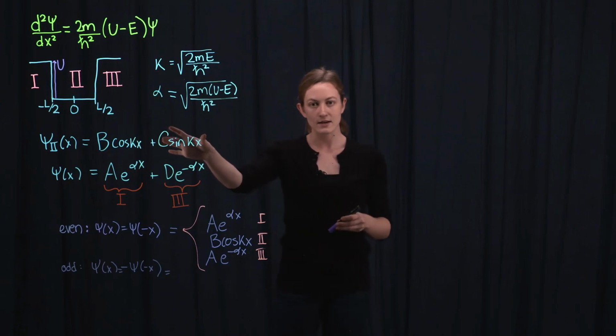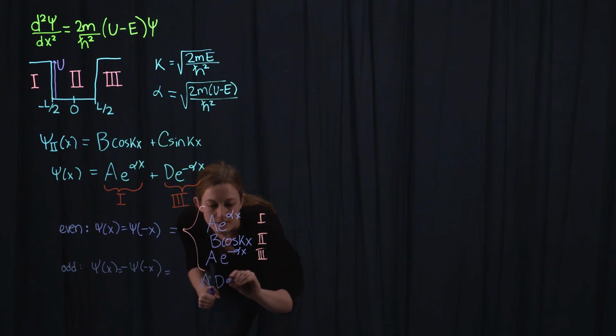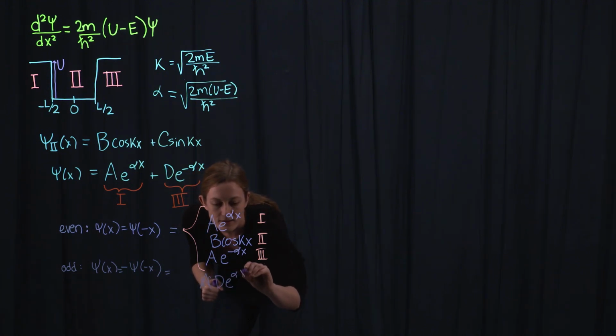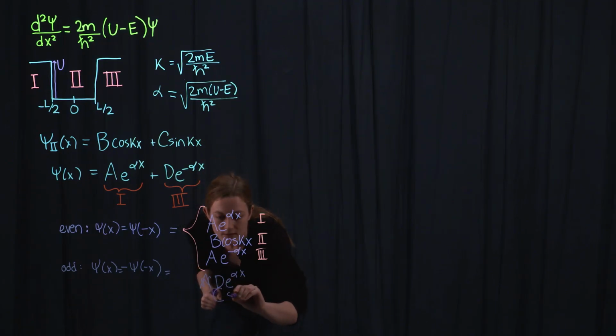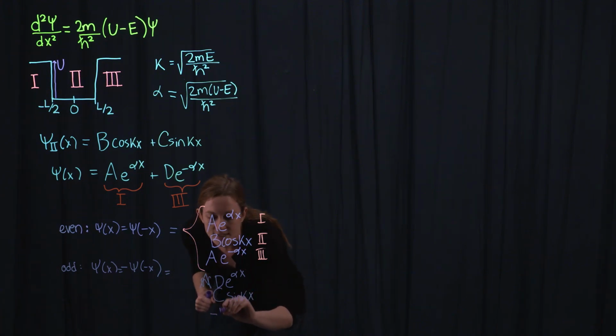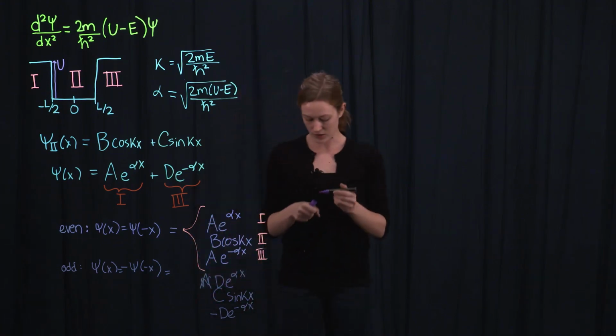And we'll only have the sine part in the middle. So these will look like, I'll call it D e to the alpha x in region 1, C sine kx in region 2, and minus D e to the minus alpha x in region 3.